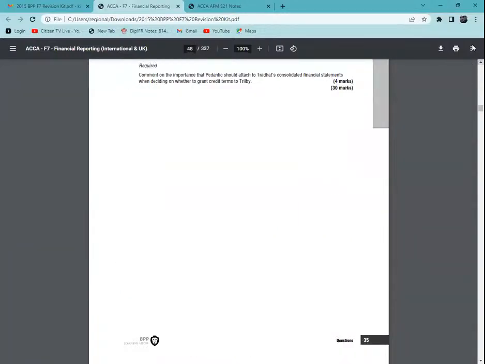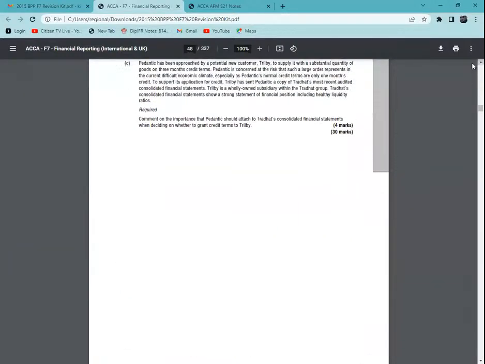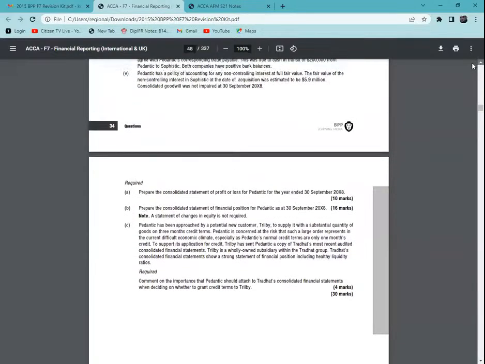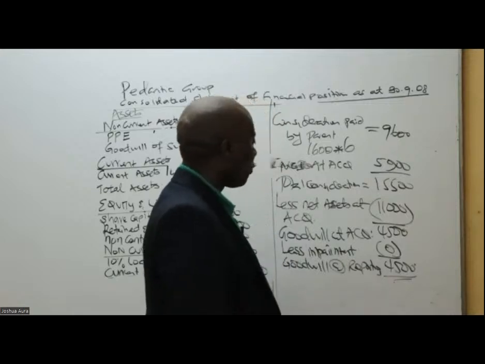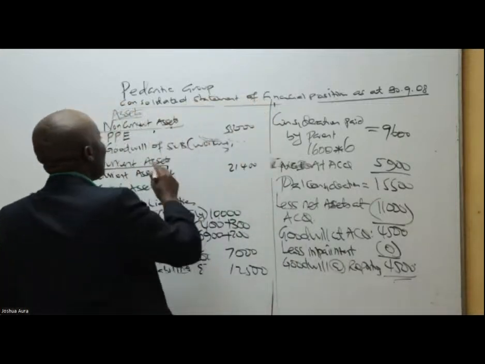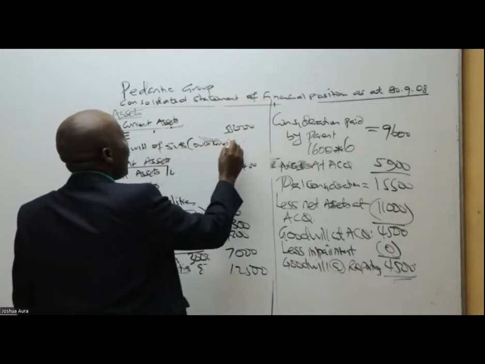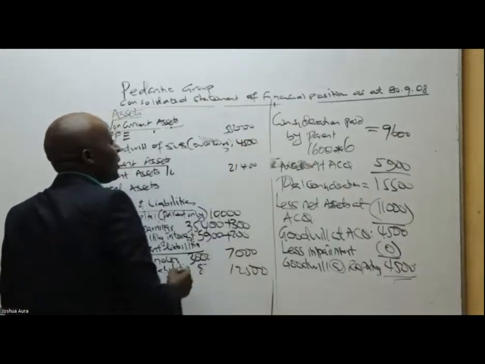They told us precisely that consolidated goodwill was not impaired as at the date. No impairment loss. So 4,500 is what I expect you to bring here. Goodwill 4,500.